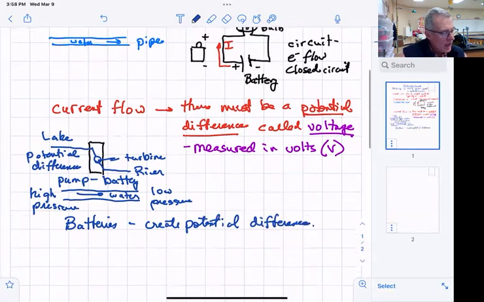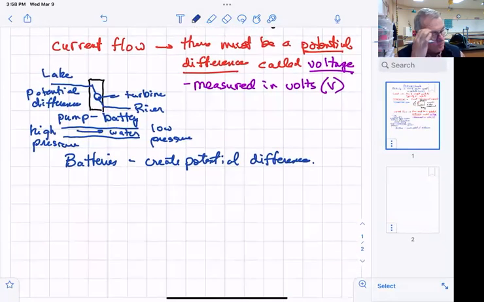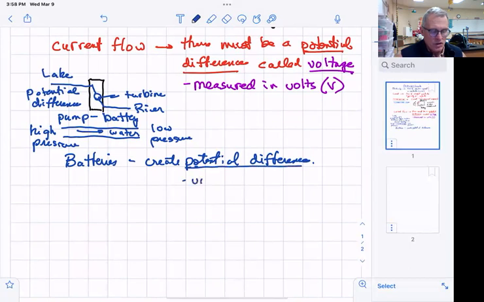Sometimes we call this potential difference a voltage drop or a voltage. These are all synonymous.